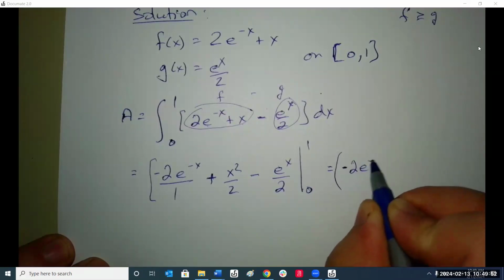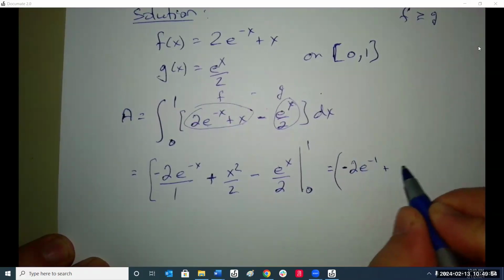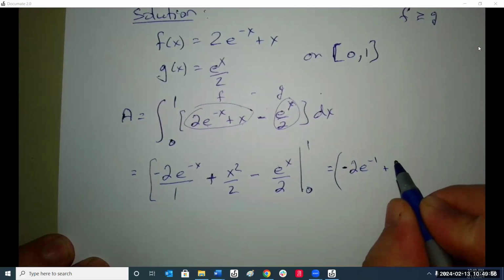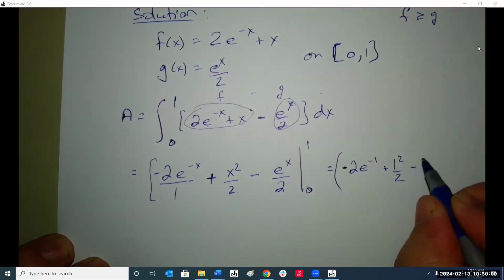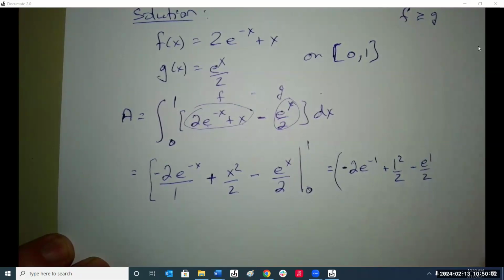Negative 2e to the negative 1 plus 1 squared over 2 minus e to the 1 over 2, minus negative 2e to the 0 plus 0 minus e to the 0 over 2.